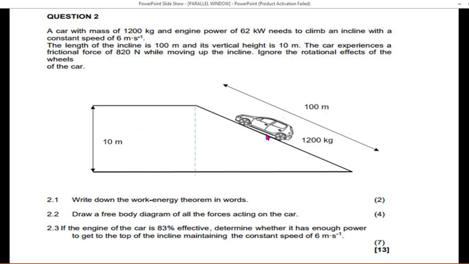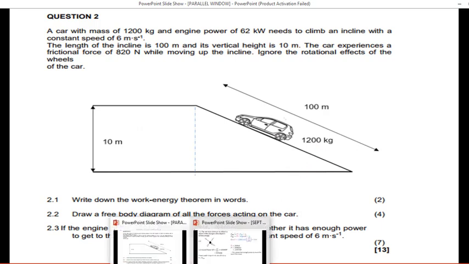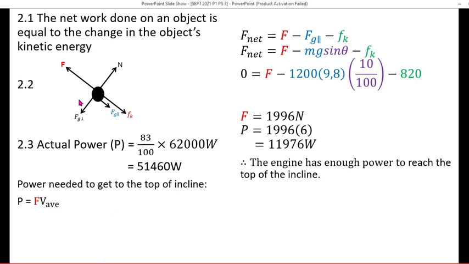And then the gravitational force, which you can draw as a straight down force, or we can use the components to draw the perpendicular component and the parallel component to the plane. So the answer to this question is this. We have the applied force up the plane. The frictional force is downward, and the normal force is perpendicular.